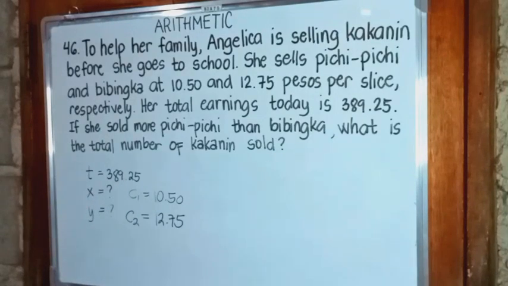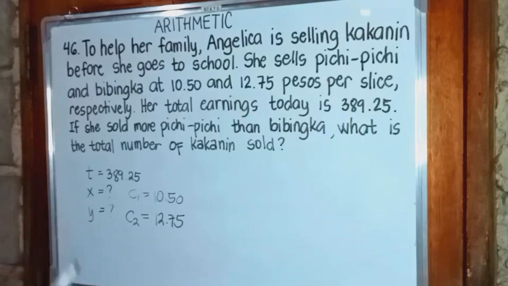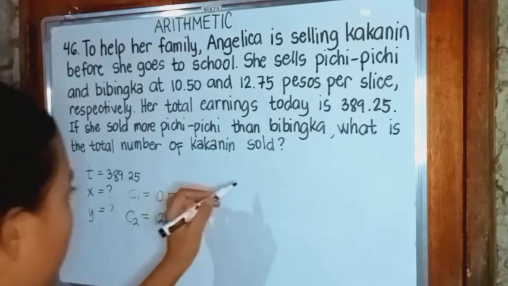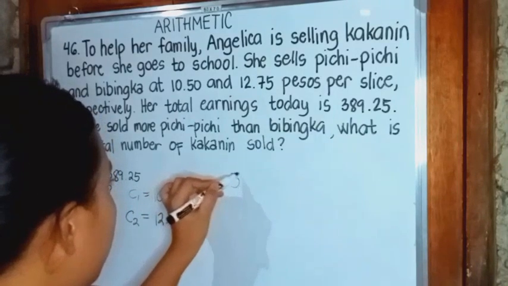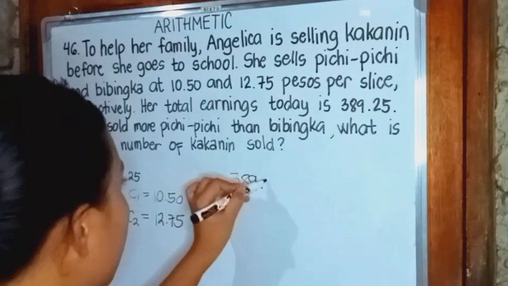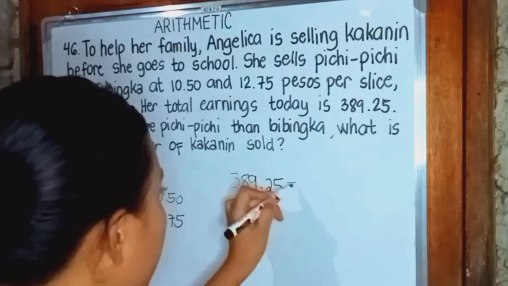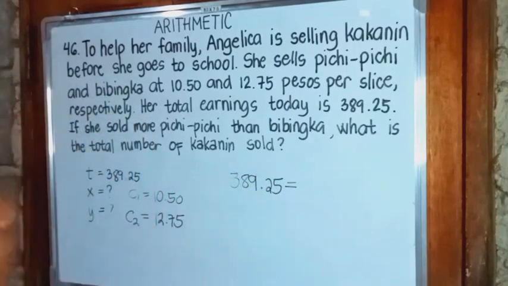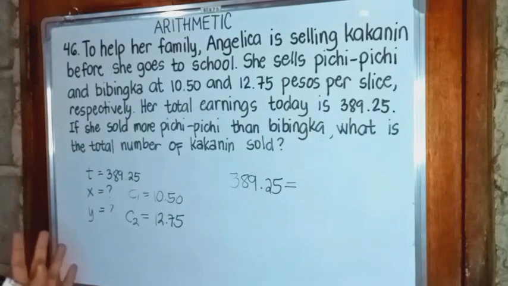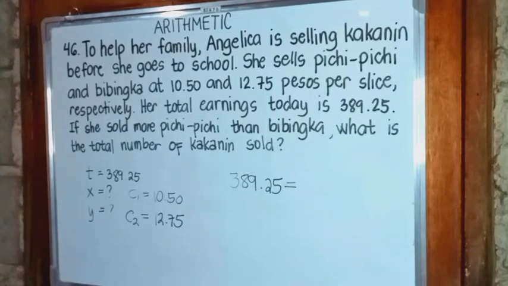Since the total earnings of Angelica for selling pichi-pichi and bibingka, which is 389.25, is equal to the total number of kakanin sold by Angelica times the price of each kakanin sold.